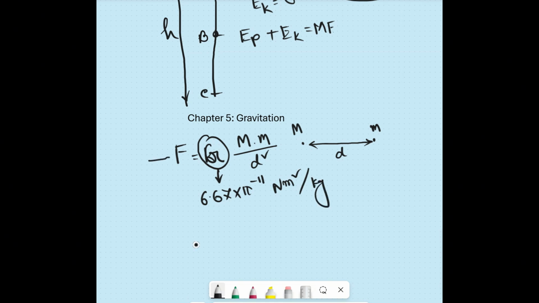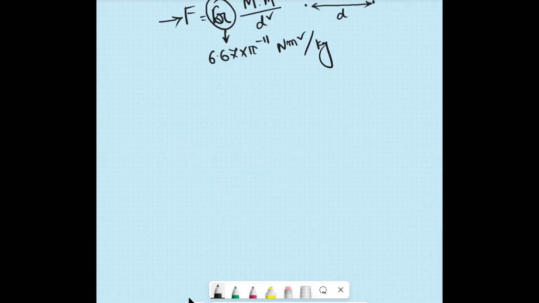By using this equation we can solve lots of problems. From Newton's law which we learned, F equals G m1 m2 over d squared.